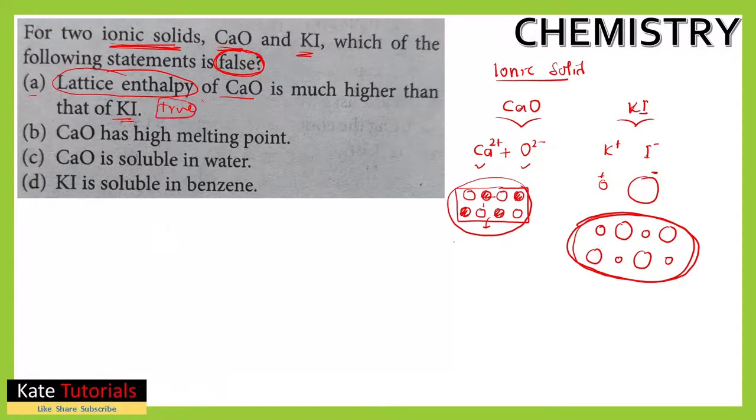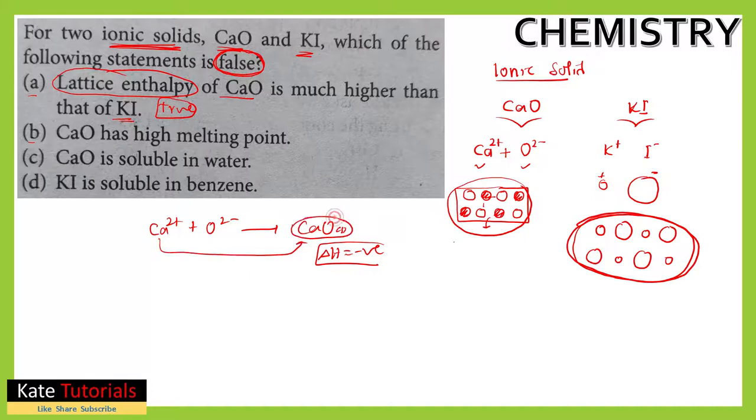So we have to choose the false statement, and this one is ignored. Coming to B, calcium oxide has a high melting point. Since Ca2+ and O2- form calcium oxide, it releases most of the energy. Release means delta H is negative, exothermic. It forms a very good solid lattice, so its lattice enthalpy will be more.